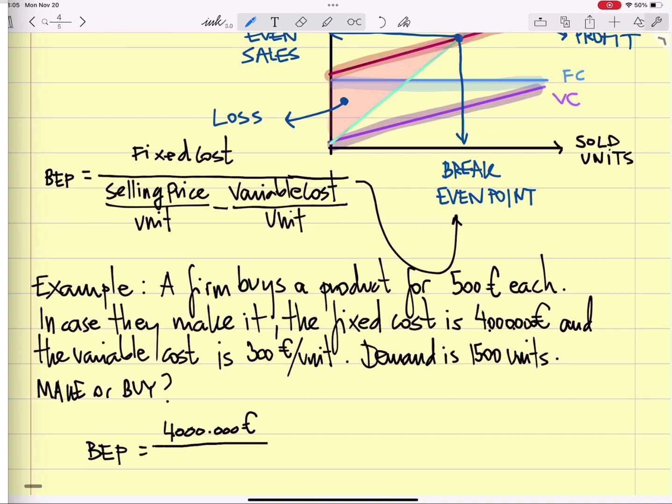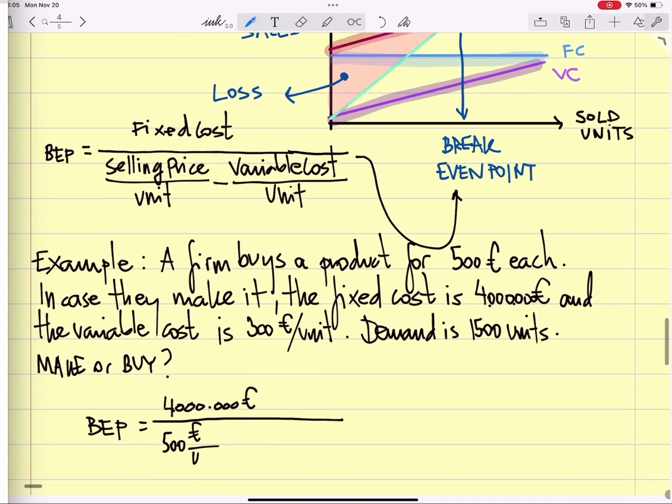The fixed cost divided by 500 euro per unit of selling price minus 300 euro per unit variable cost. This is 20,000 units.